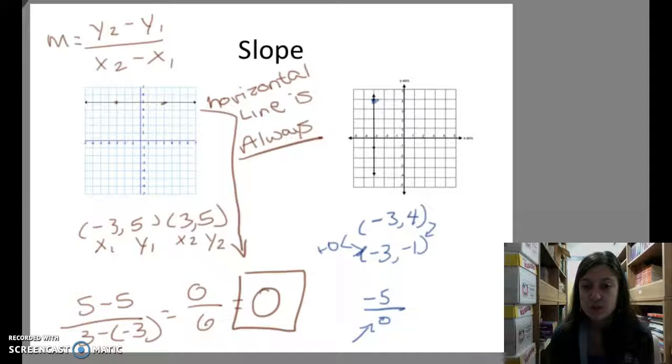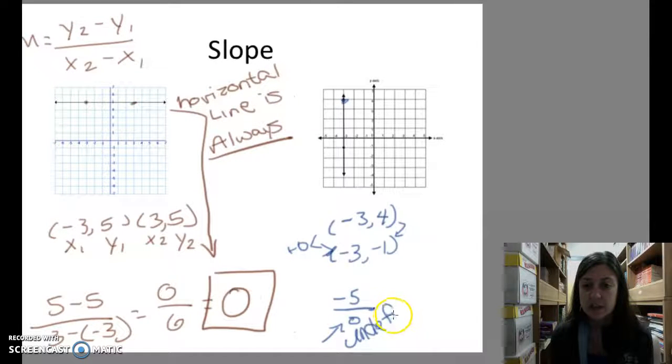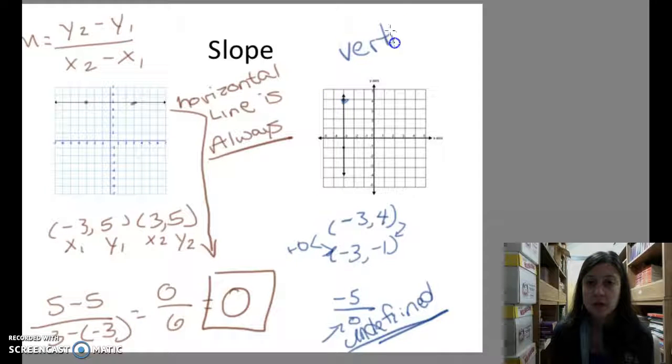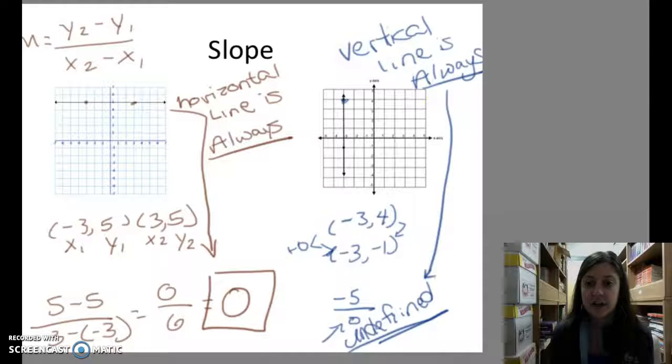That looks like a unicycle, so it's undefined. I have to move this. Undefined, right? A straight up and down vertical line is always undefined, okay? You can't walk up and down that line, so it's undefined. That's how you get that.